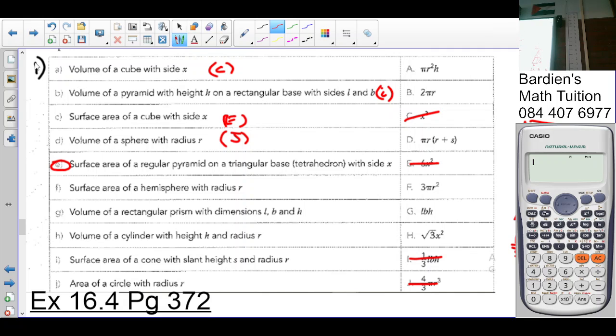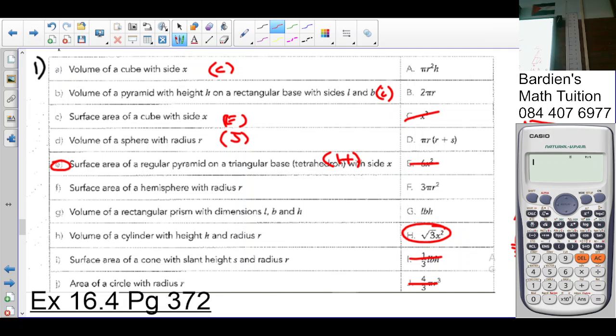I'm not sure about this one. So what is the answer? H. You might be right. If it's not, we'll come back to that one.